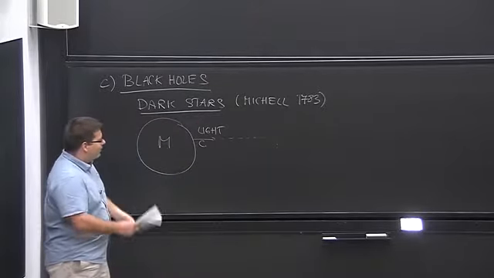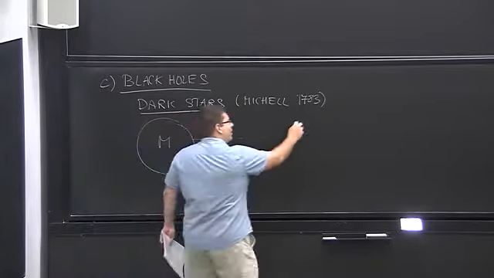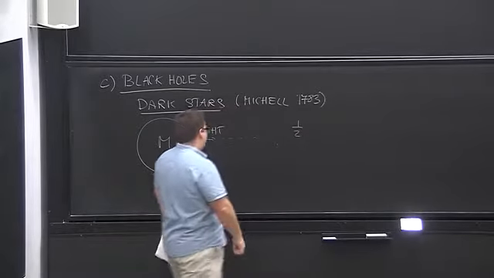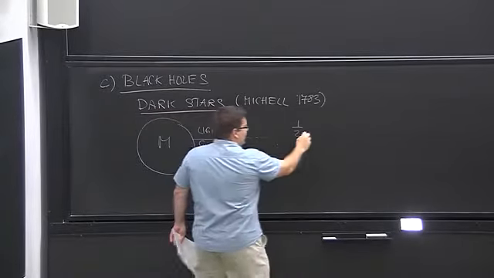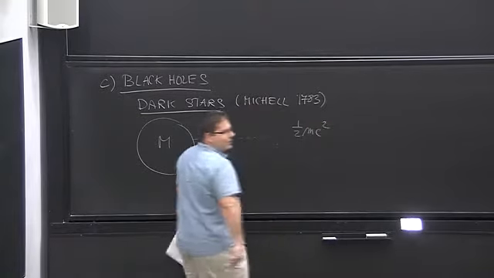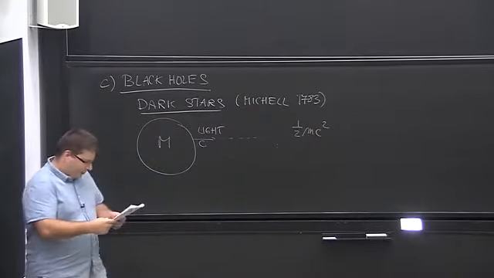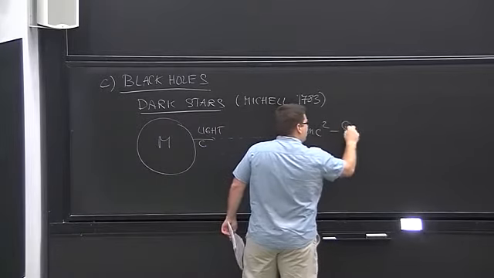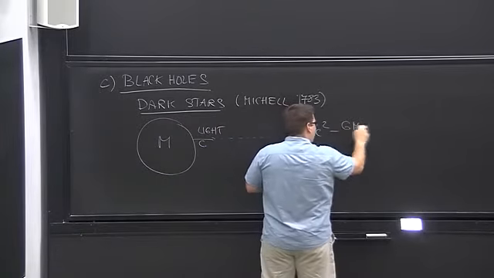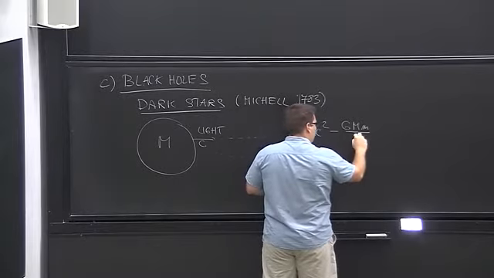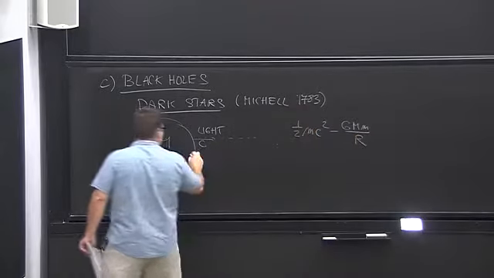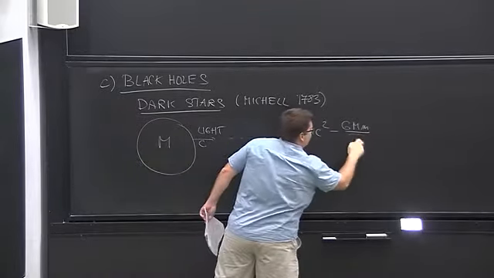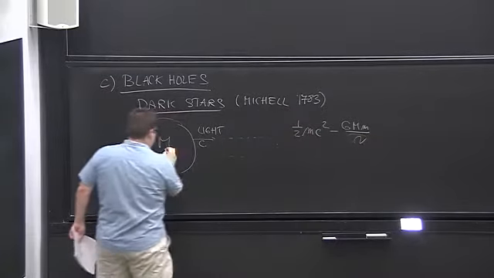So if you treat it as a particle of small mass m, then on the surface of the star, it has simply the kinetic energy 1/2 mc squared. And then it has the potential energy, which is minus GMm over r, where small r is the radius of the star.